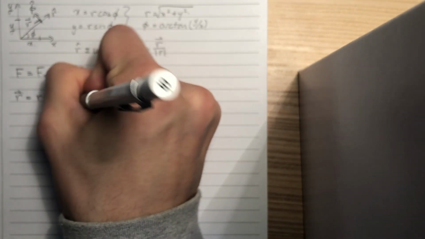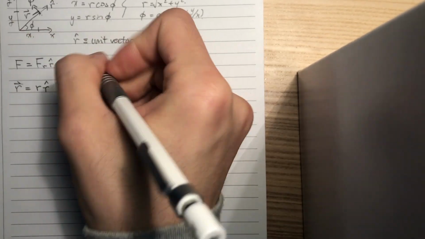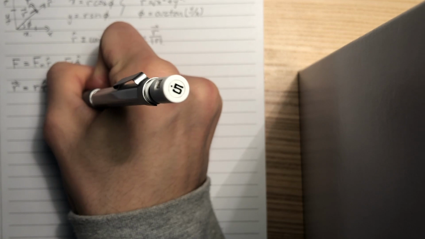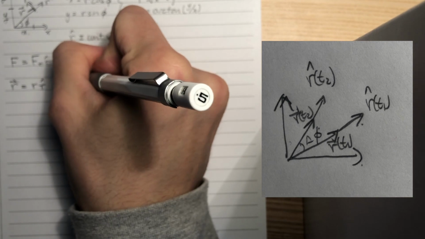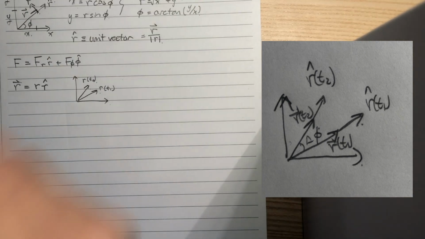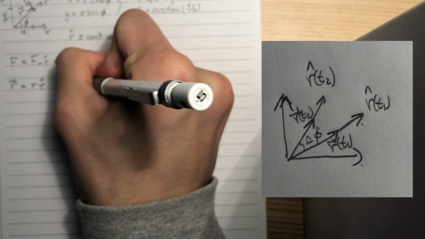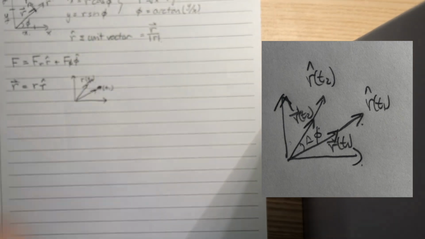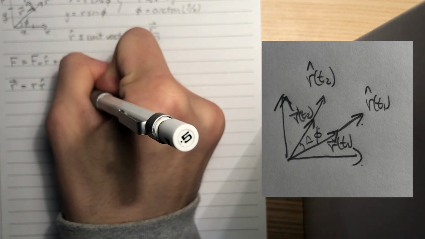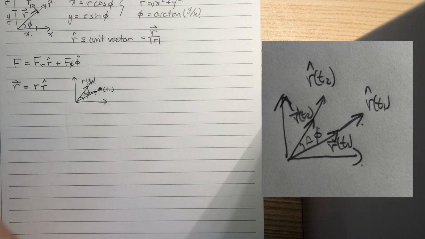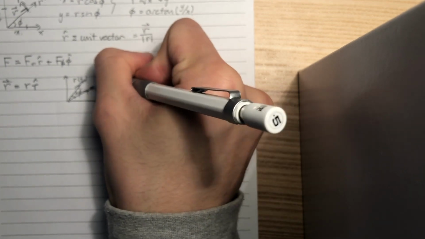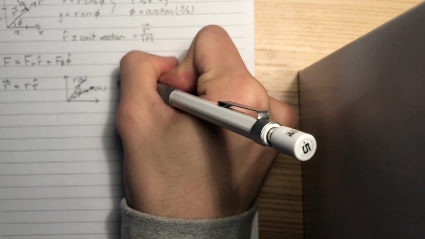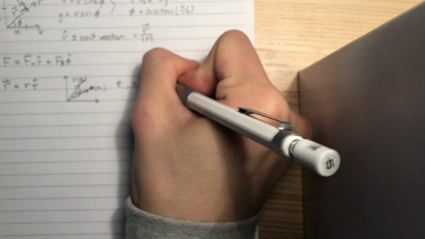So consider a small displacement in r. Say this is my r at time t1, r at time t2, and I'll have my unit vectors pointing in these directions. So this will be my unit vector, and this angle will be my change in phi. I'll have my t1 and my t1 plus delta t, which equals my t2.